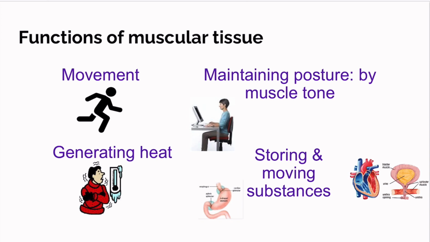Our voluntary movement is a specific type of muscle, but then we also have other muscle, as shown down here, that store and move substances. For example, our food through our GI tract, our blood through our blood vessels, or our urine through our bladder and urethra.